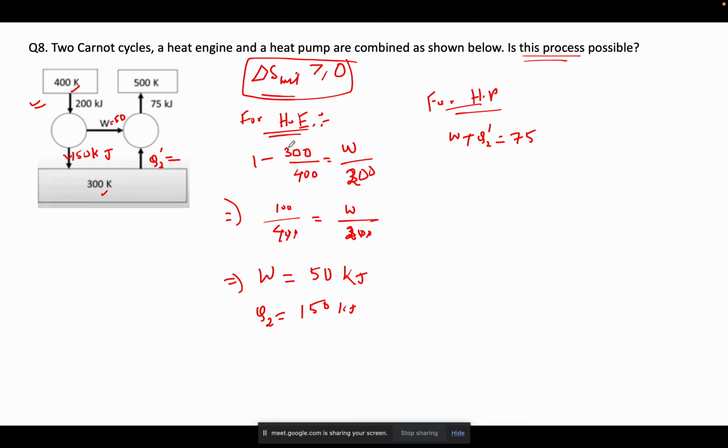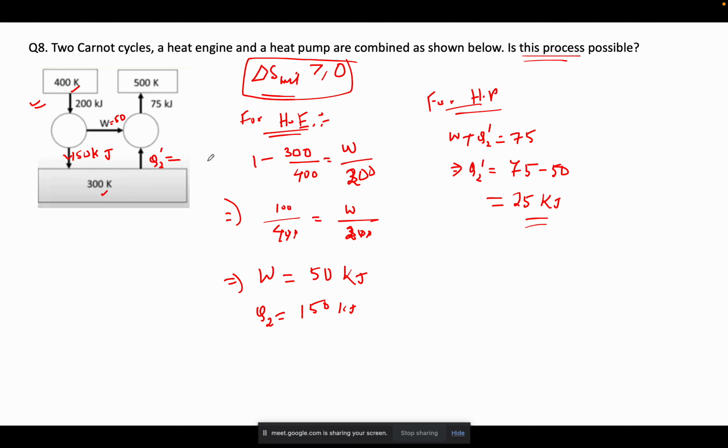Correct, input is equal to output. So from here I get Q2 dash is equal to 75 minus 50, which is 25 kilojoule.